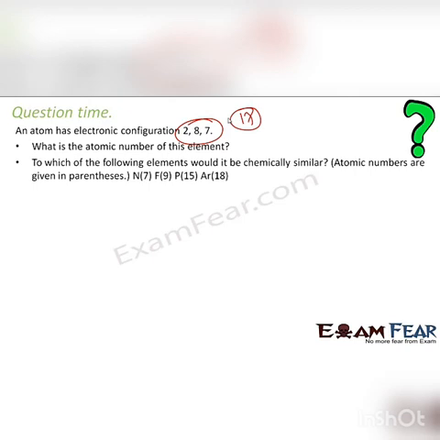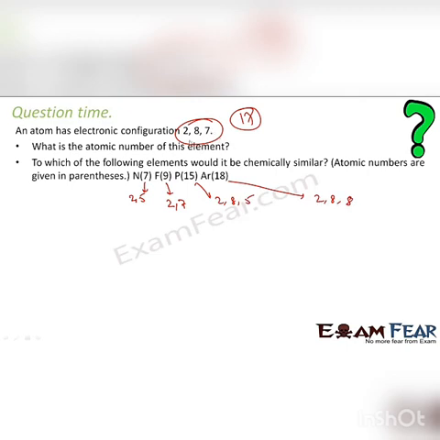The first one is N 7, right? So this becomes 2, 5. For this, the electronic configuration will be 2, 7. This is 15, so this becomes 2, 8, 5, right? This will become 2, 8, 8.